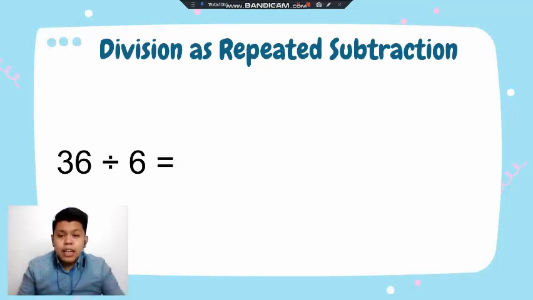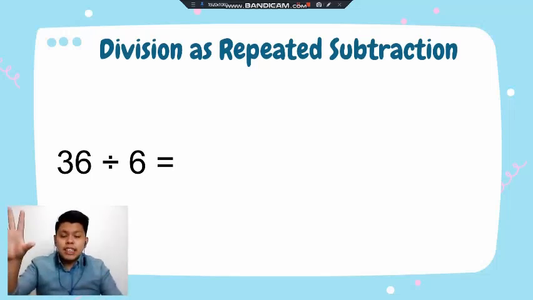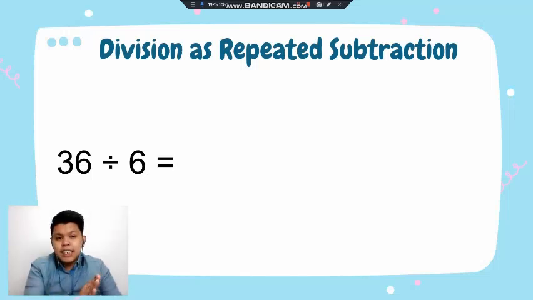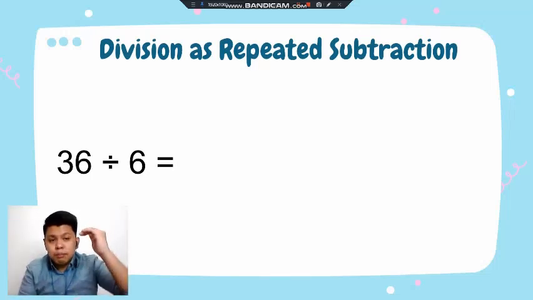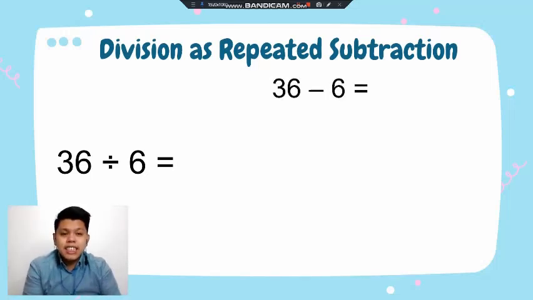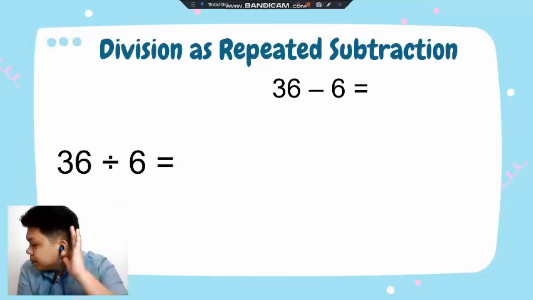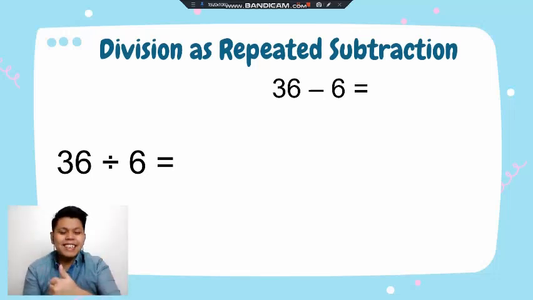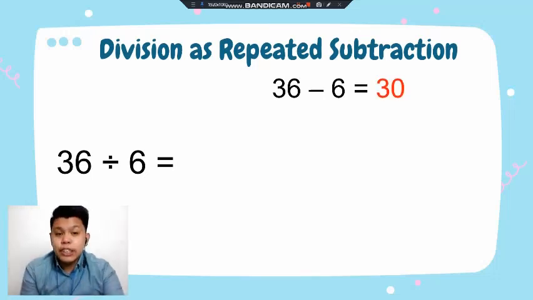We simply subtract 6 from 36 until we reach 0. So you repeatedly subtract 6 from 36. Let's start with 36 minus 6. How many is that? Well done. That is 30.